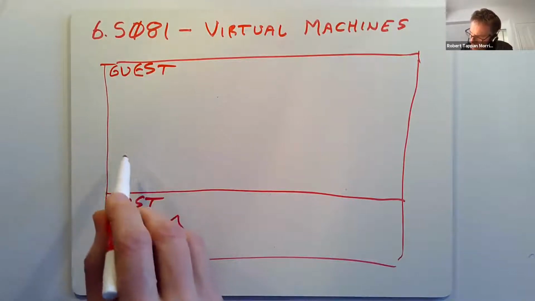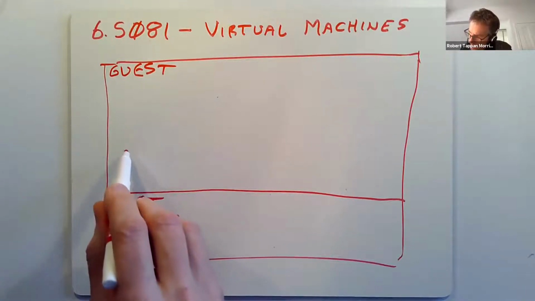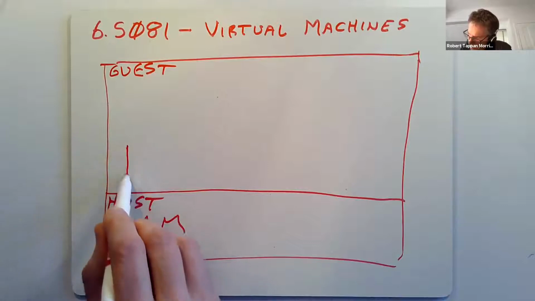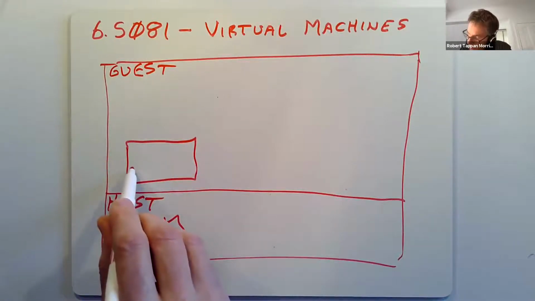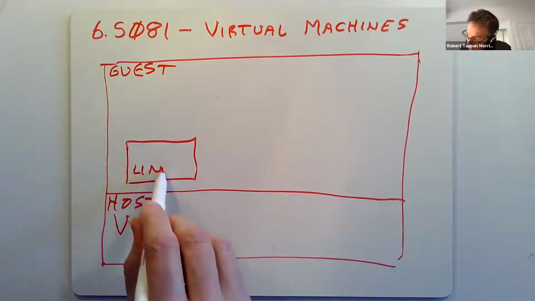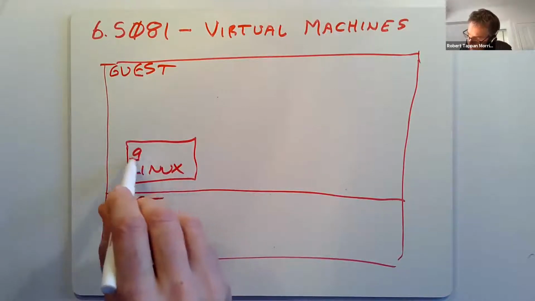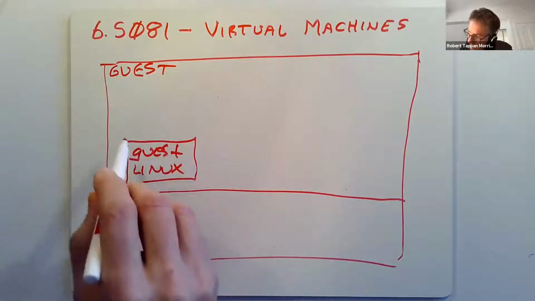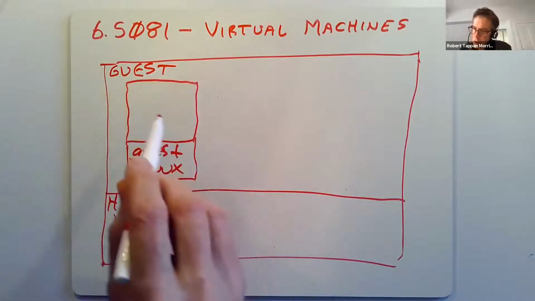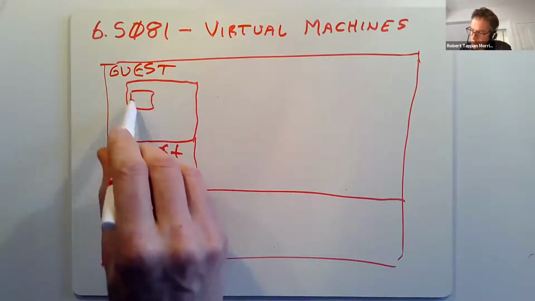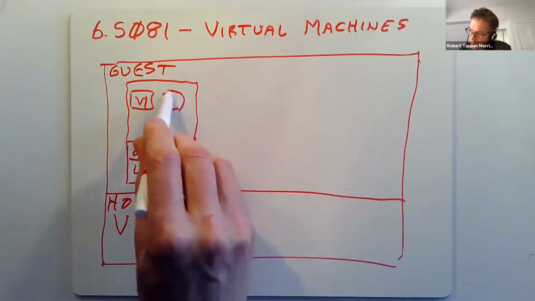We're going to have one or more guest operating system kernels. So we might have a Linux kernel as one guest. And this Linux kernel thinks of itself as an ordinary kernel, and it runs a bunch of processes, maybe a vi and a C compiler.